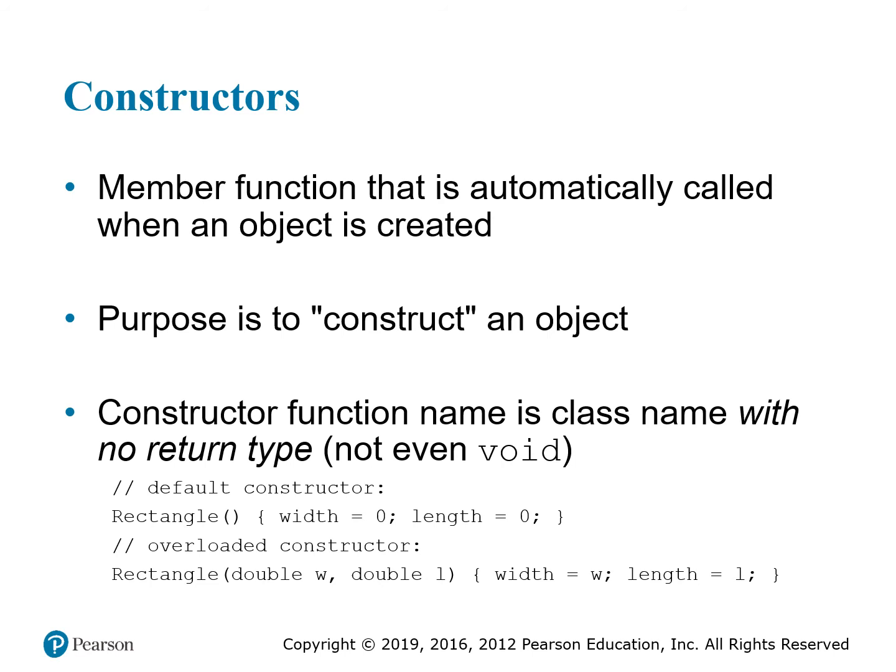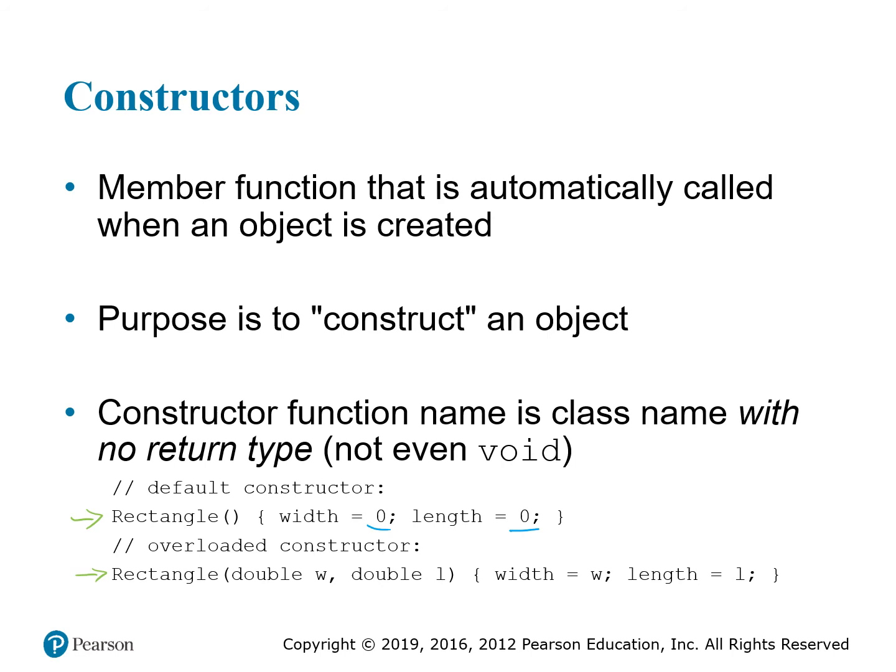and usually there are two options. There's what's called a default constructor, which doesn't take any parameters and just initializes your values to something sensible. We're going to create our default rectangle to have no width and no length because we haven't specified anything. But there are typically also overloaded constructors that take parameters.